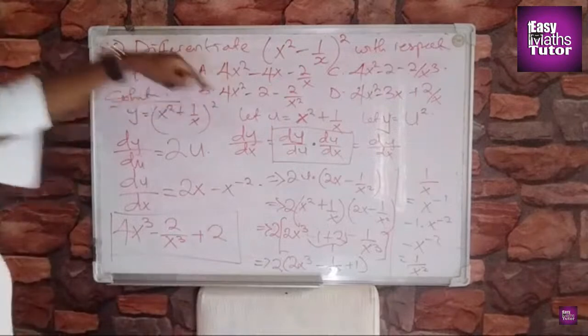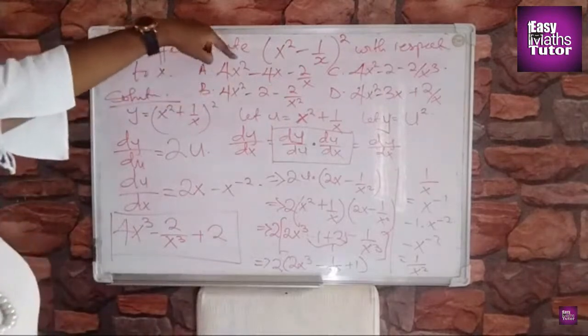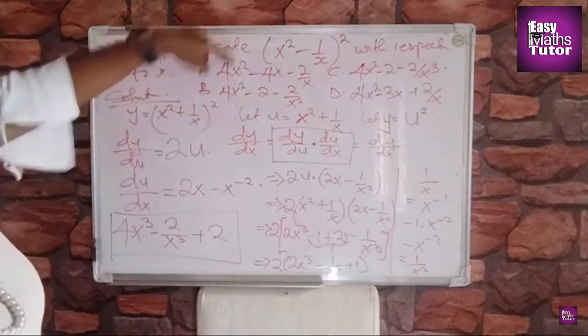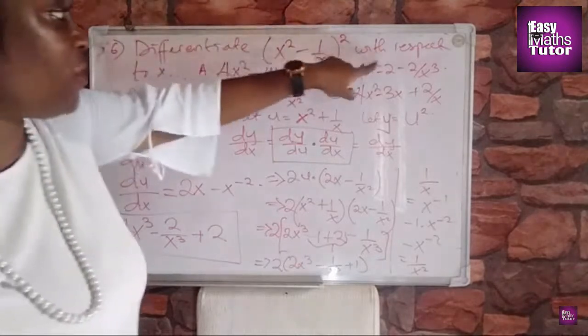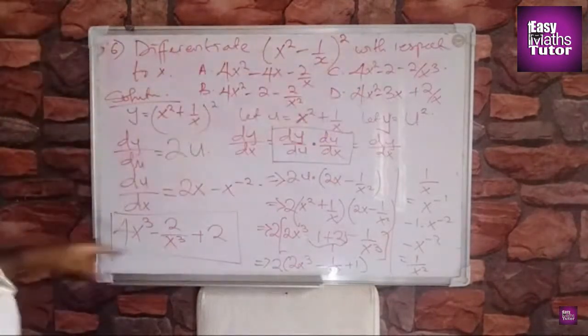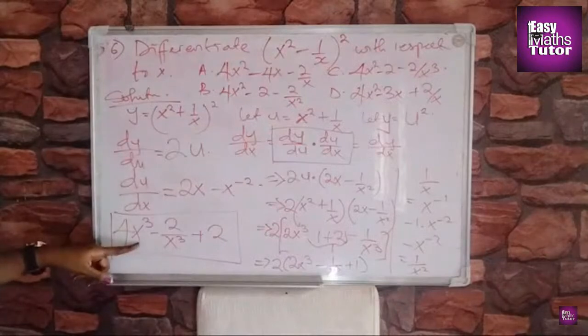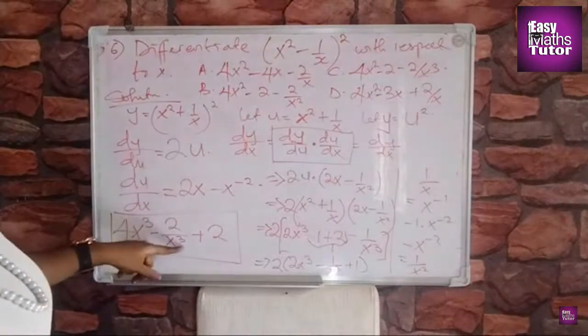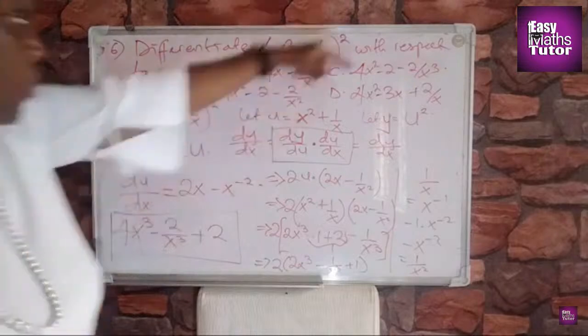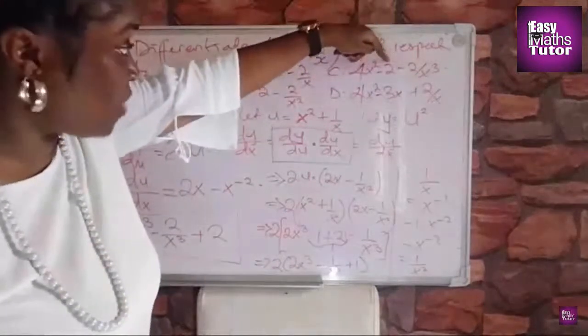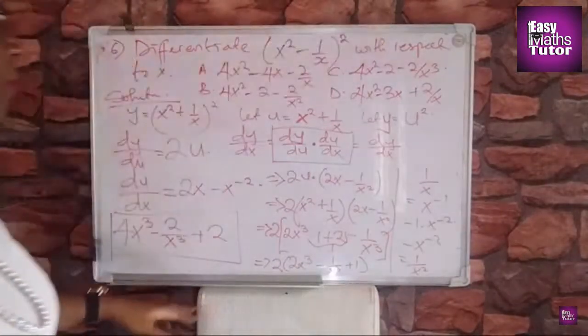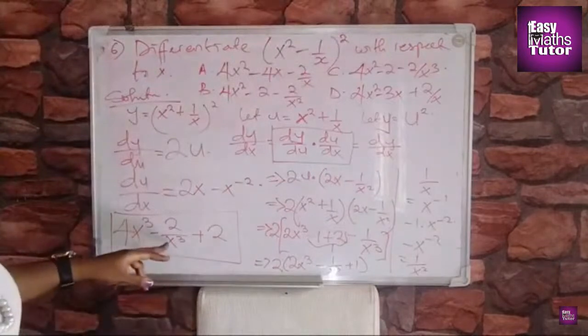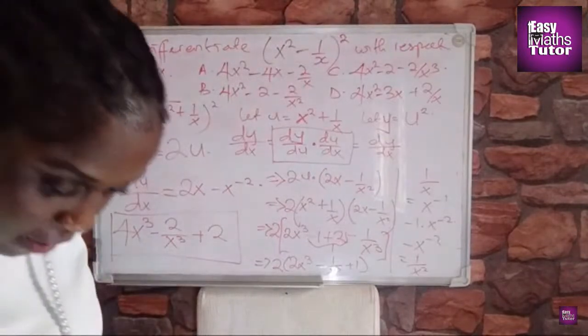Now, the options: we're having 2x squared, 4x squared, and 4x cubed. Then we have minus 2x cubed here, okay? So I'm guessing that is the closest to our answer.